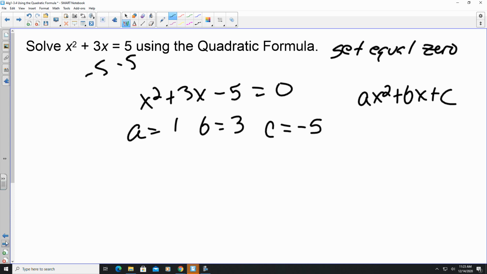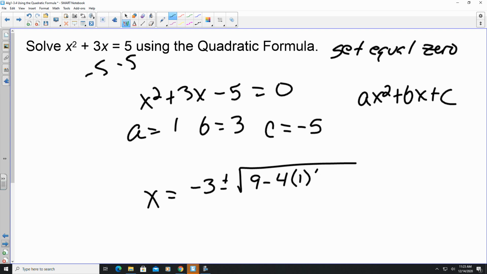Going into this, it's going to be x equals negative b, which is negative 3, plus or minus the square root of b squared, which is 9, minus 4 times a, which is 1, and c, which is negative 5, and the whole thing is divided by 2 times 1, which is 2, because it's 2a.